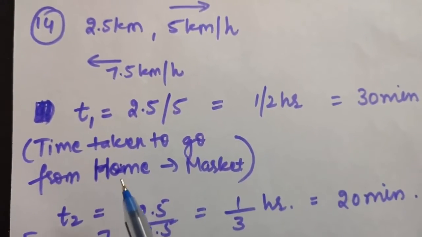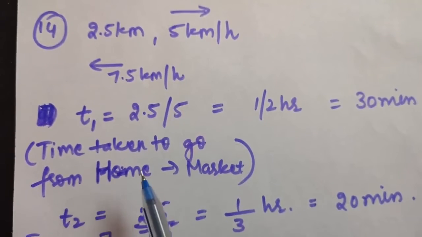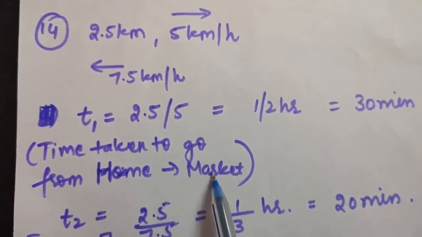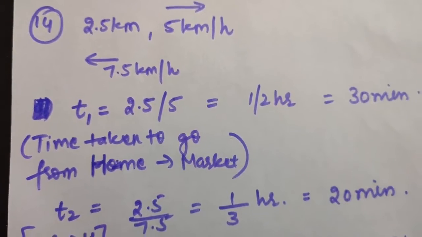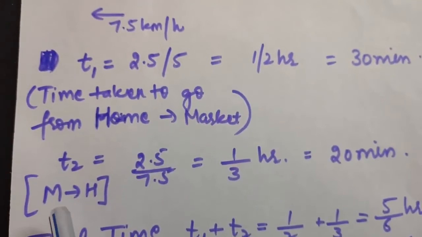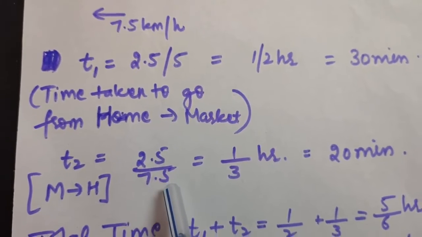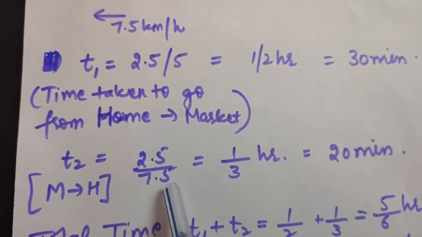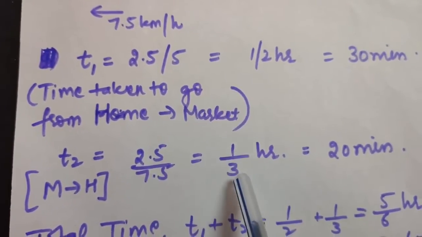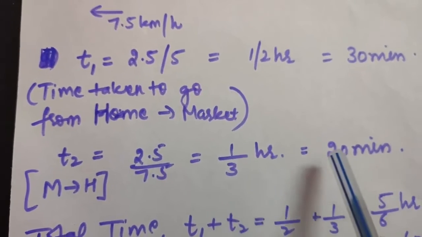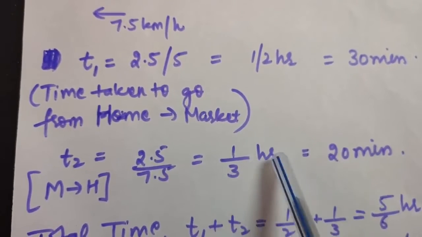So the time taken by the man for going from home to market is 30 minutes. Similarly, the time for going from market to home will be 2.5 upon 7.5, because this time the speed is 7.5. When you calculate it, you will get 1 by 3 hour, or you can say 20 minutes by just multiplying by 60.